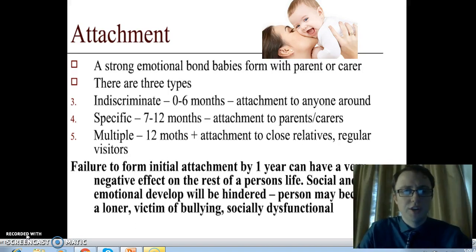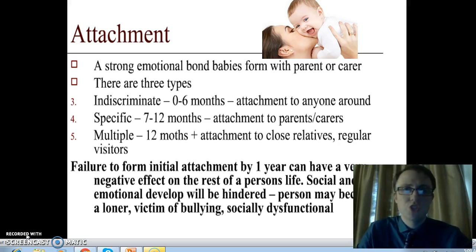Now we're going to look at social development over the infancy period. From 0 to 6 months, the baby goes through what's called an indiscriminate stage of attachment. If you pick up a newborn baby whom you've never picked up before, they're not going to mind. Between 0 and 6 months, they don't mind who picks them up.